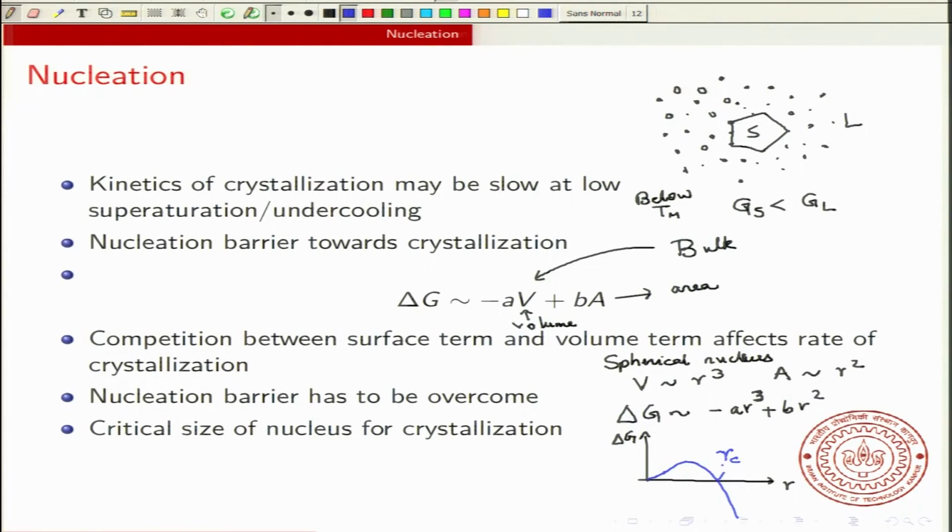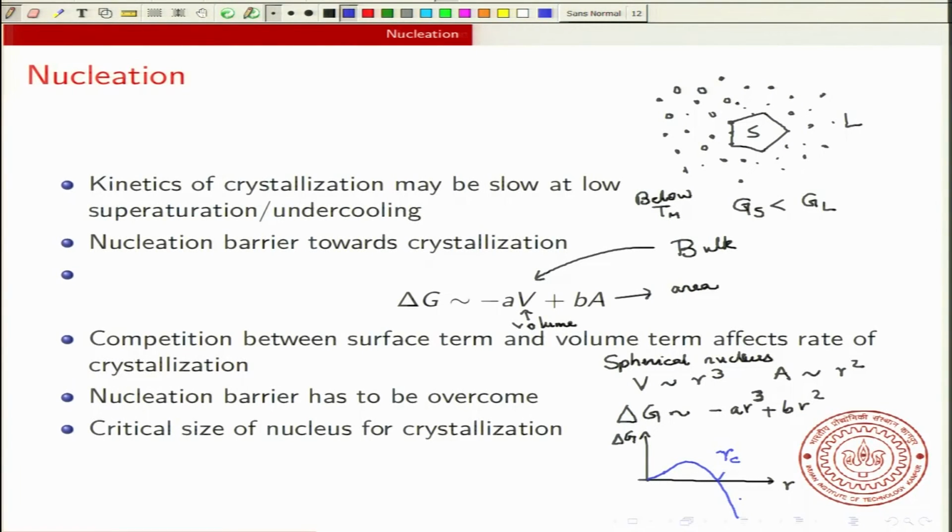That means if you have a small piece of crystal whose size is less than RC, then the free energy for forming that is actually positive. So it is unstable. You have to grow a crystal that is larger than RC in order for the crystallization to be favorable.